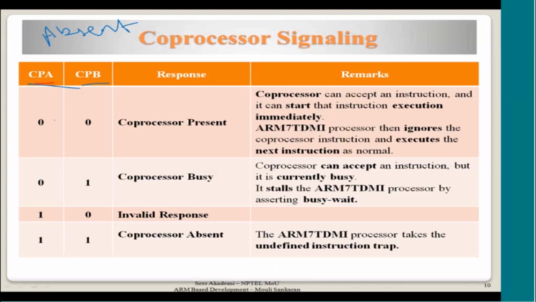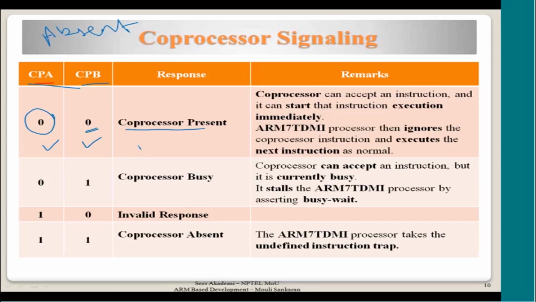CPA being 0 means it is present, and CPB means it is busy. CPB being 0 means it is not busy. So the coprocessor is present and not busy, which means it can take up this instruction and execute it.